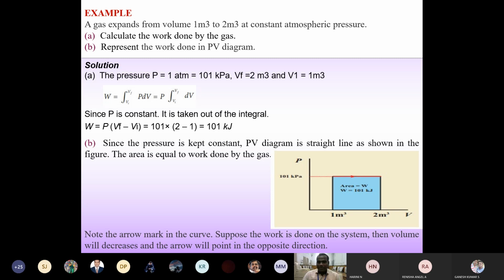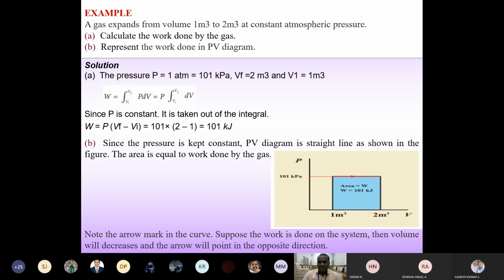So this is the PV diagram of this process. Here P and here V. So pressure 101 kilopascal is kept constant, and the volume on the x-axis increases from 1 meter cube to 2 meter cube. We are just increasing the volume.